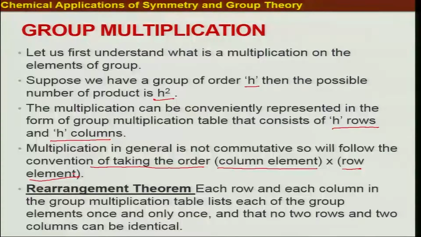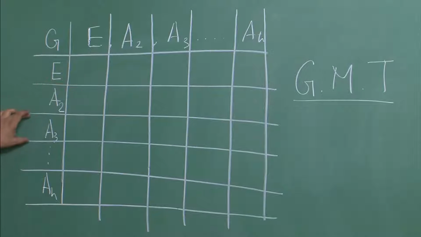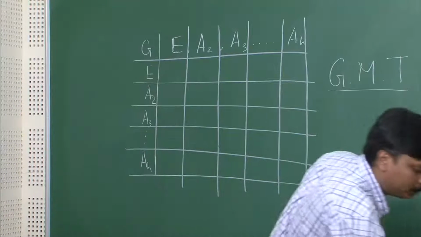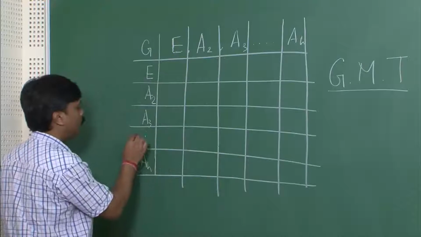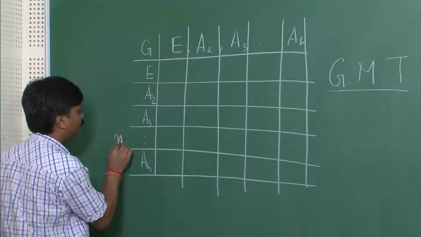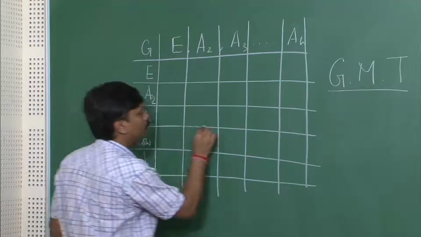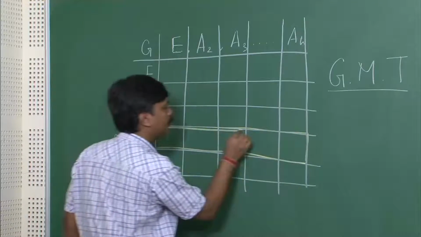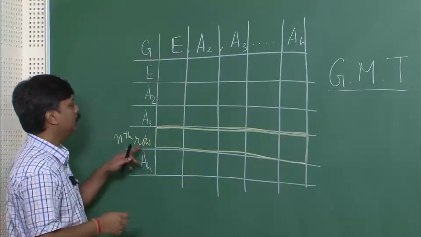If I look at this particular table here, I will take any particular row of this group multiplication table. Say I will take some nth row. Okay, suppose this is my nth row. So now how will the multiplications be?